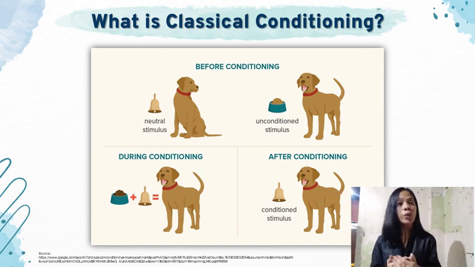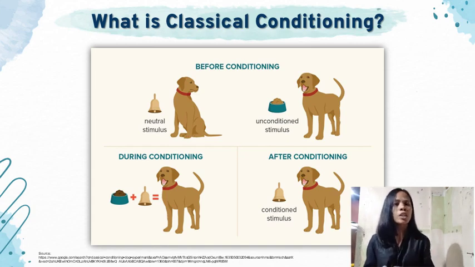When we ring the bell, obviously, there will be no response from the dog, because just like us as human beings, we are not naturally wired to have a response to a bell. So without conditioning, there is no response.